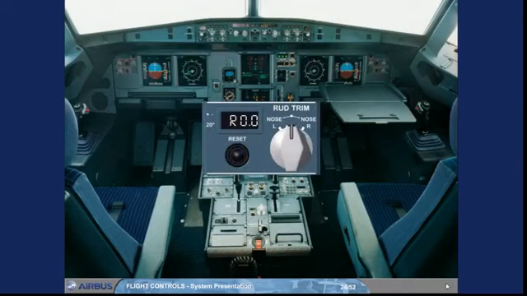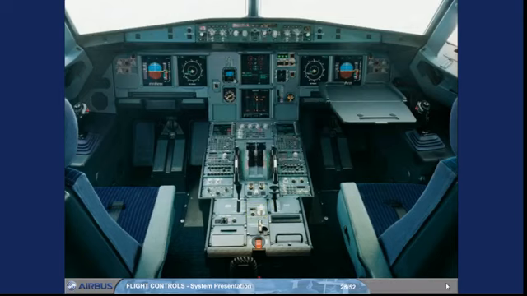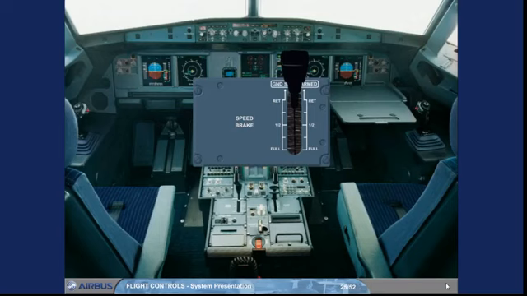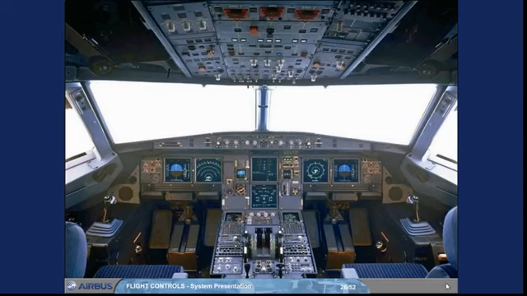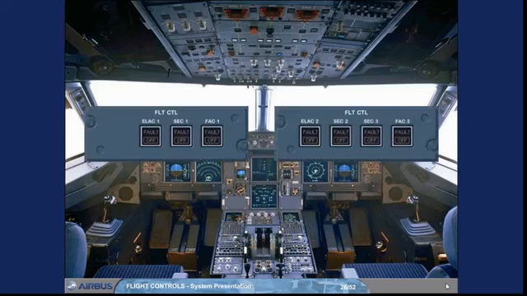A rudder trim panel is located on the pedestal. A speed brake lever is located on the left side of the pedestal. In addition, there are two panels located on the overhead panel to control the flight control computers.